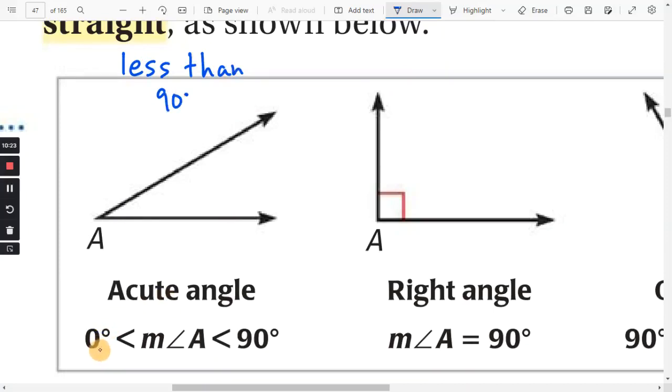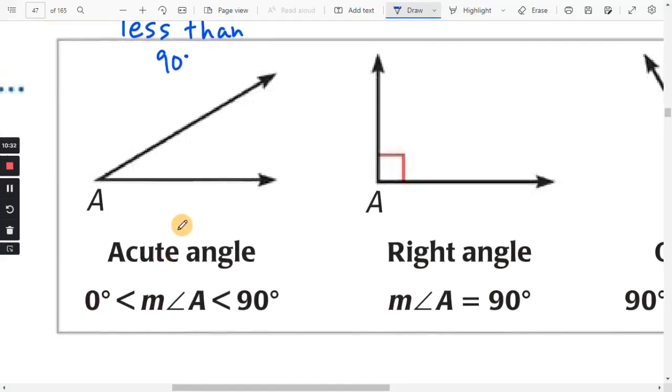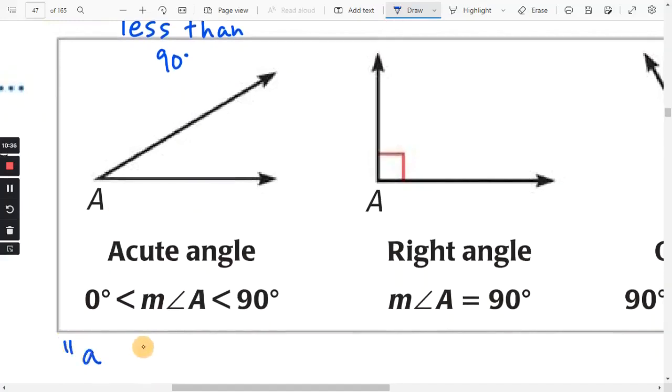You can't have a negative angle or an angle of 0. And the way to remember acute angle in your mind, you can think of a cute little angle. Okay, because the acute angle is the smallest one. So that's the easy way to remember it.